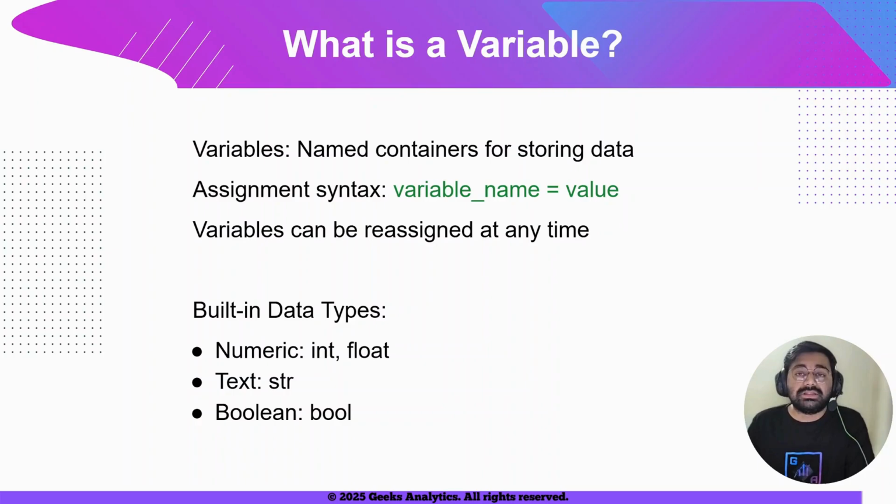Float means numbers with decimals. Then the text, string, and characters. In Python, there is no separate character data type. It is just a single-letter string. And the Boolean. Boolean means true or false, one or zero, that kind of data type.